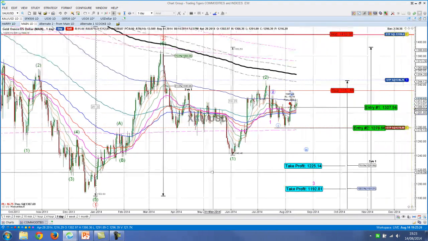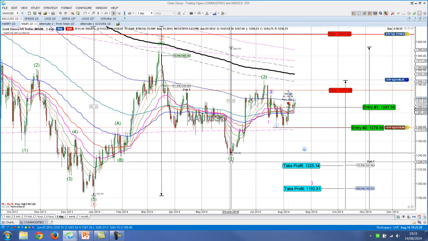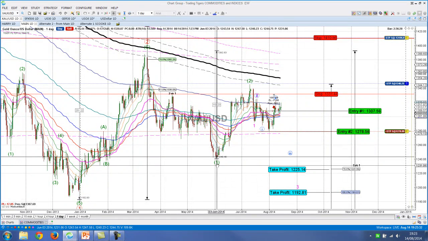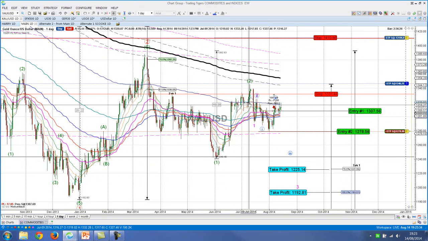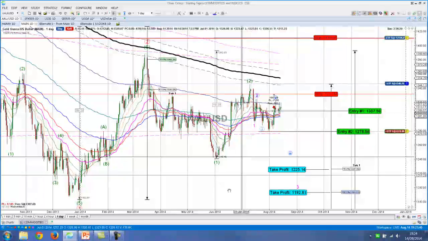Now with a wave 3 down, our substructure is the intermediate, that's green and in brackets. The one is at the low of 3rd of June 2014, and the high of 2 is at 11th of July 2014.